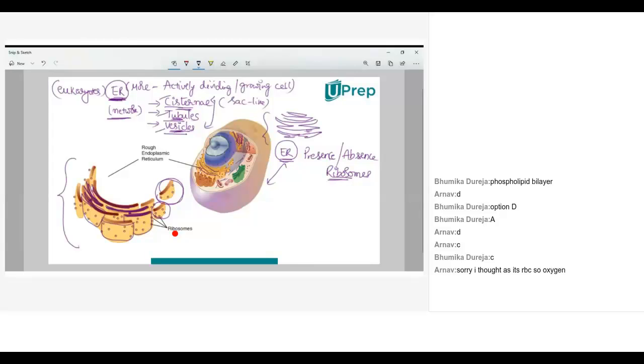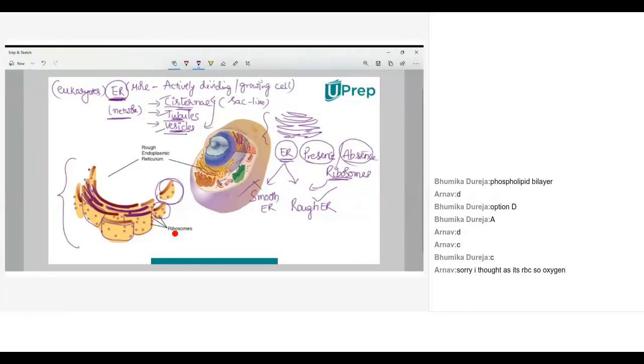If ribosomes are present, then it is called rough endoplasmic reticulum. If ribosomes are absent, then that is called smooth endoplasmic reticulum.